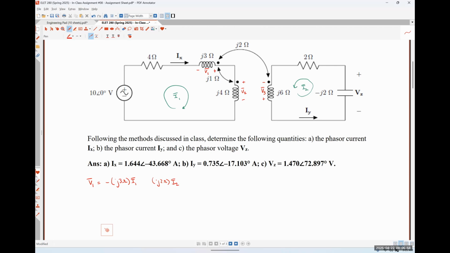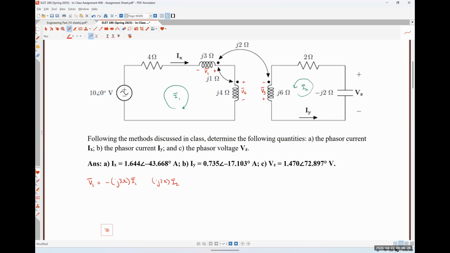And so really all we need to do is figure out what the sign is going to be, okay? So let me walk you through the checks, right? So is the positive polarity terminal of the voltage V1 at the dotted terminal of the J3 ohm impedance? Yes, okay. Is the current I2 flowing into the dotted terminal of the J6 ohm impedance?